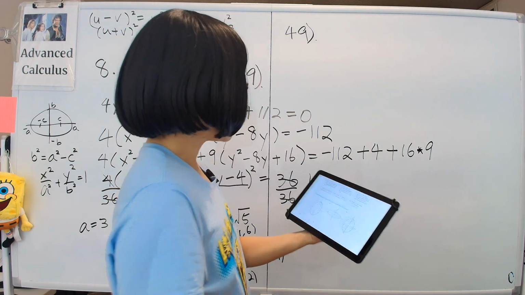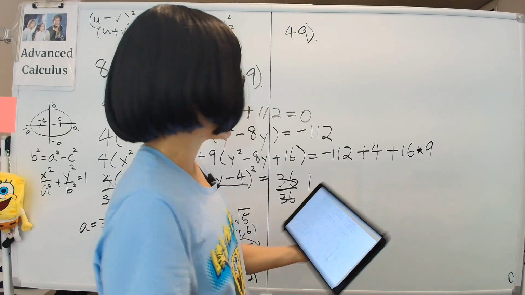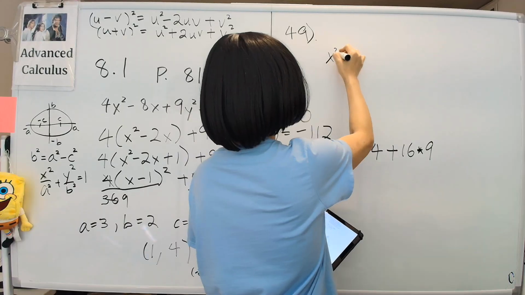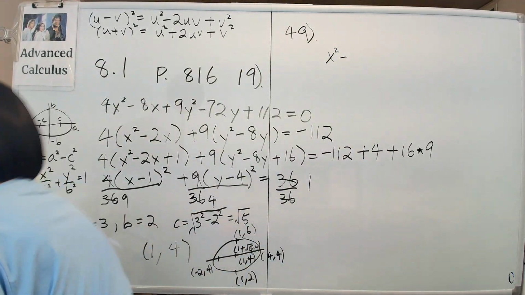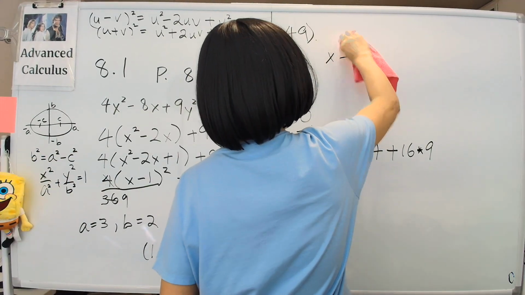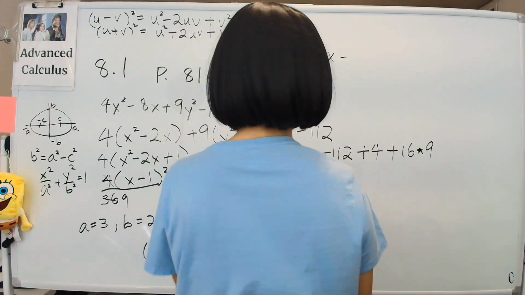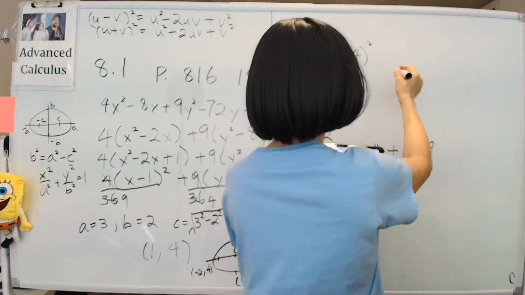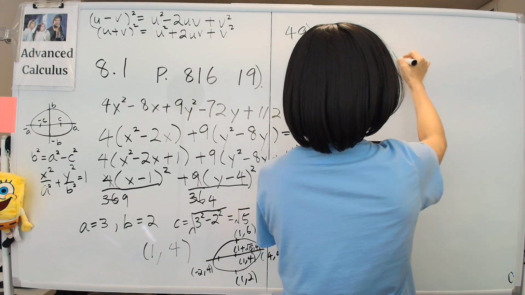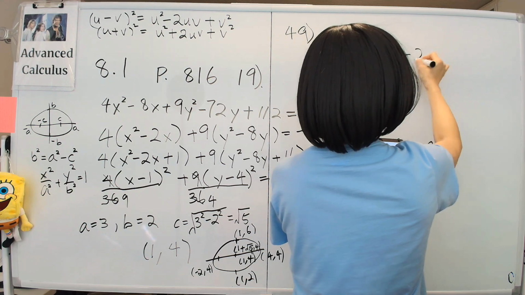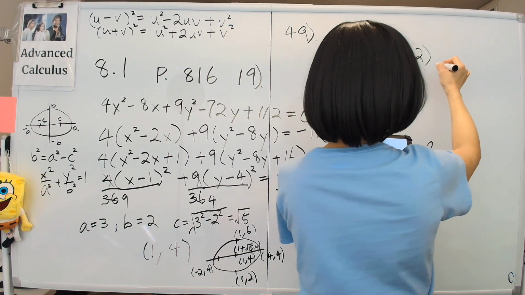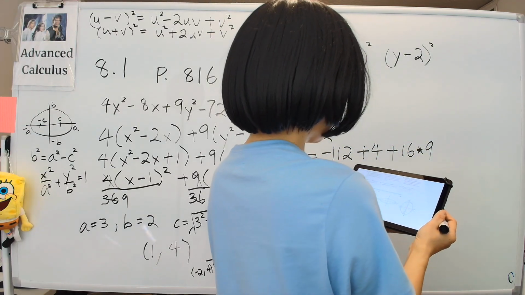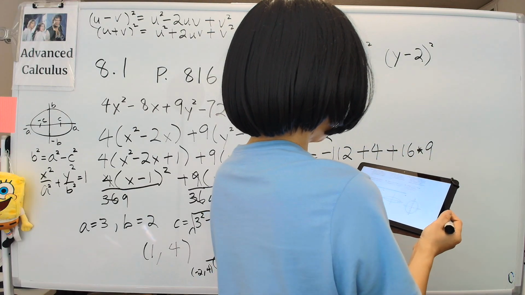The ellipse is centered at 4 comma 2, which means first we will write down x minus 4 squared, we need to do the center first, and then y minus 2 squared, because that's where the center is, 4 and 2.